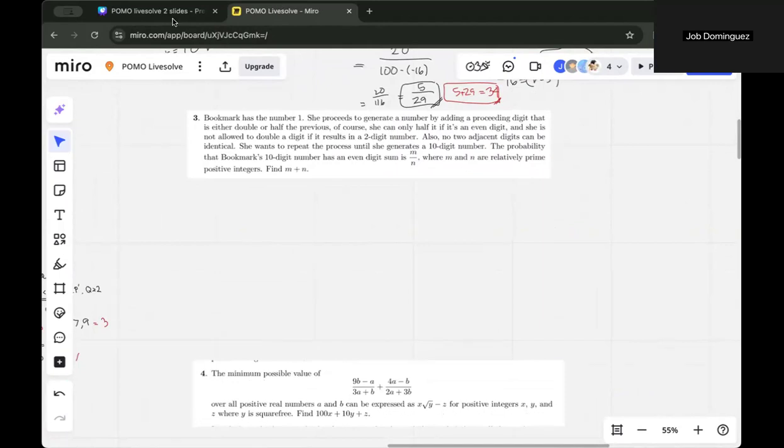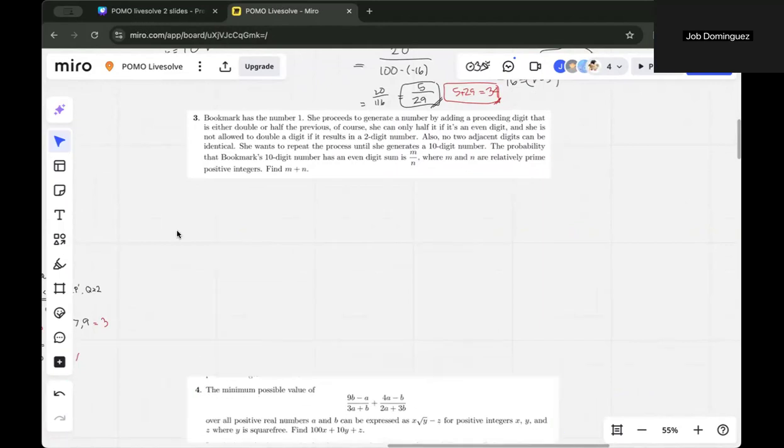Number three, this is actually one of my favorite problems in this problem set. So let's see the problem. Bookmark has the number one. He proceeds to generate a number by a preceding digit that is either double or half the previous. Of course, she can only half if this is an even digit, and she's not allowed to double a digit if it results in a two-digit number.